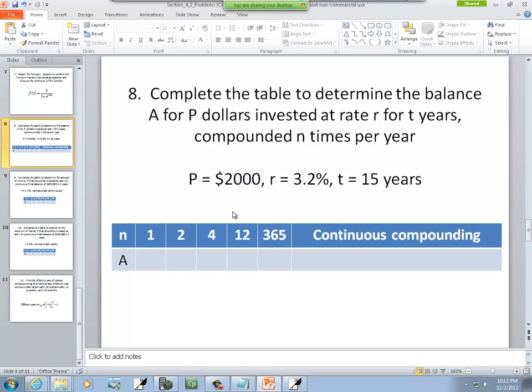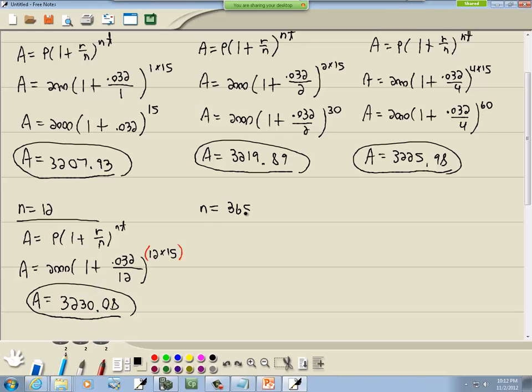Okay, next one I think is 365. Again, it doesn't say continuous. We're going to use the same formula. So we got 2,000, 1 plus 0.032 divided by 365, raised to the NT power, so 365 times 15.